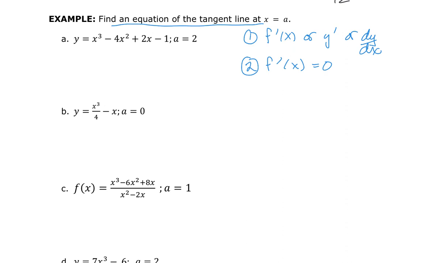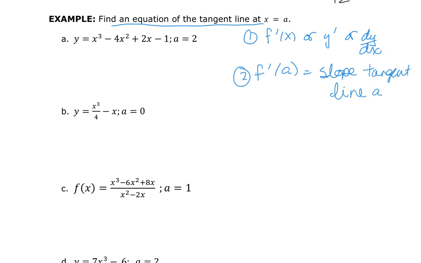Then all I have to do after I find the derivative, the second thing I'm going to do, is f prime of a, and this will give me the slope of the tangent line at a. And the third and final thing I'm going to do is use y is equal to m times x minus x1 plus y1, and you're like, well, what is x1 and y1?